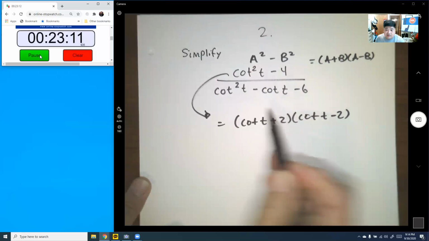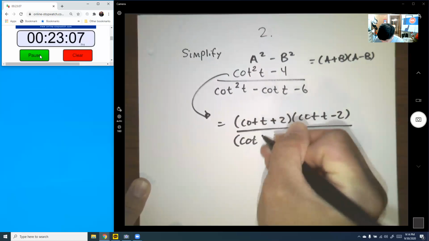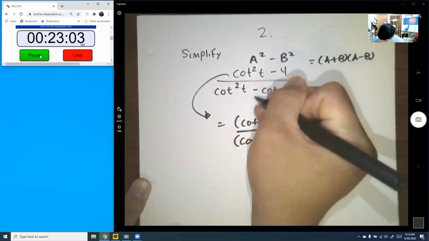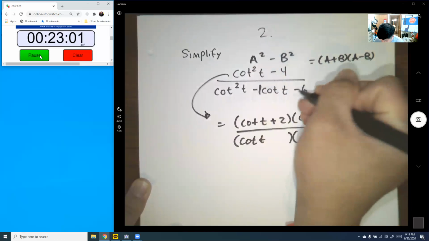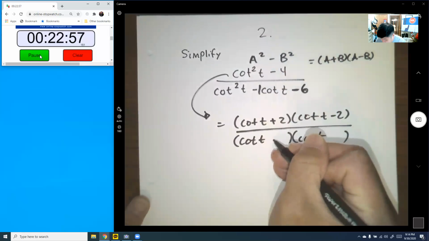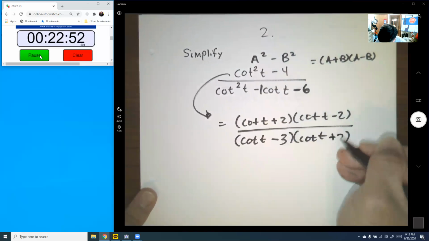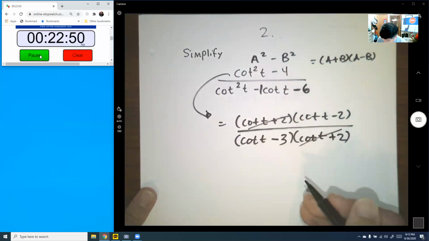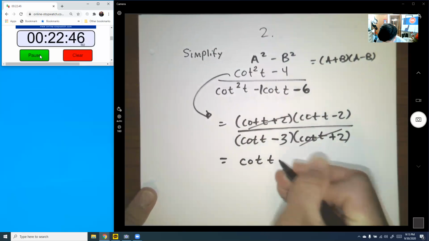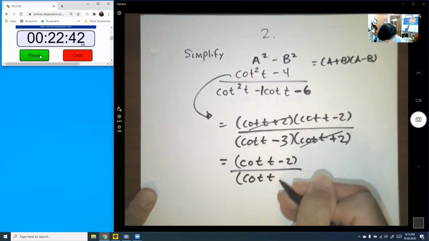In the denominator, I can factor this into cotangent of t and cotangent of t, with a minus 1 cotangent of t and a minus 6. I'm going to factor this using a minus 3 and a plus 2. Therefore cotangent of t plus 2 divides out, so I have cotangent of t minus 2 all over cotangent of t minus 3.